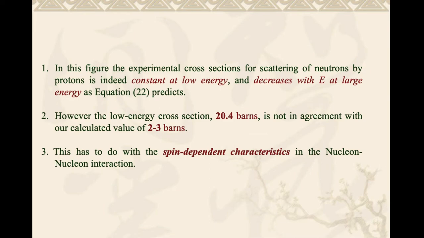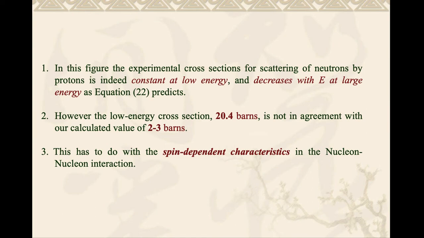Your neutron and proton have spins, which can be either parallel or anti-parallel. So we may assume that the interaction depends on the orientation of spin. That means the interaction when they are parallel may be stronger or weaker than when they are anti-parallel.